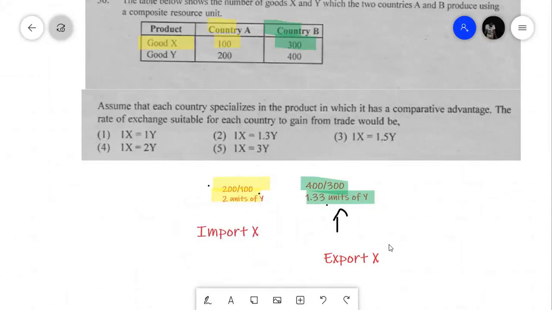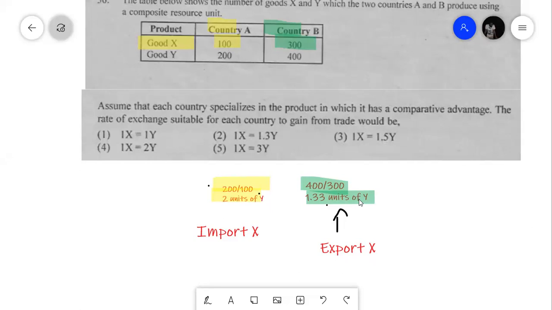So then, country B, in their country itself, for a unit of X, they are getting 1.33 units of Y. If they want to export it, will they expect more than 1.33 or less than 1.33? Think.